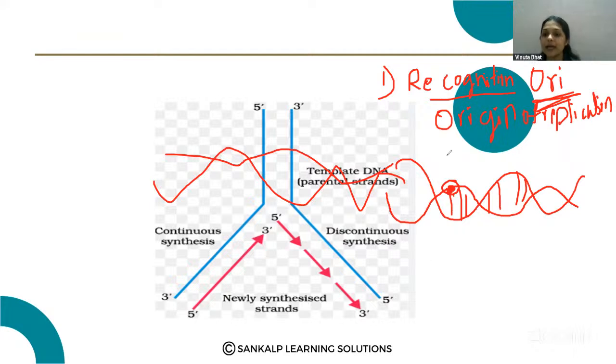So how do we know this is the origin of replication? Here the helicase enzyme binds at the origin of replication.